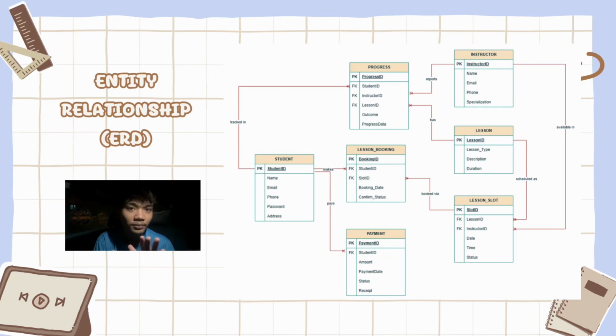Every time a student makes a payment, the system stores the amount, payment date, status, and also the receipt as a proof of payment. So overall, this ERD shows how all the data from student registration, lesson booking, to payment and progress are all connected and stored systematically in our database.